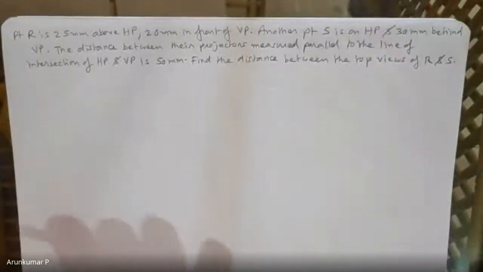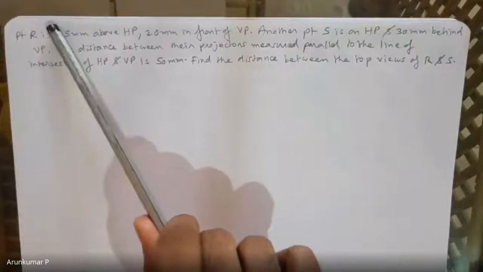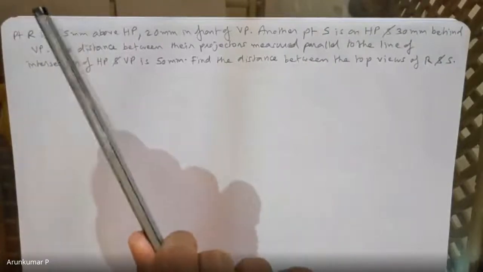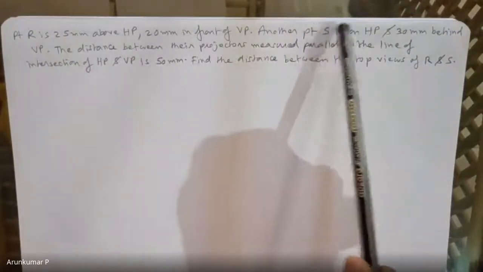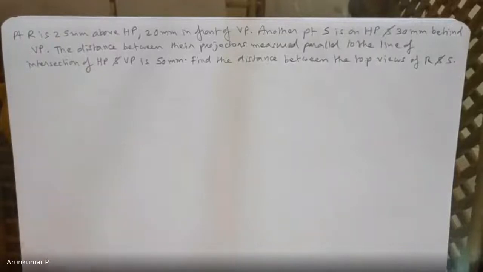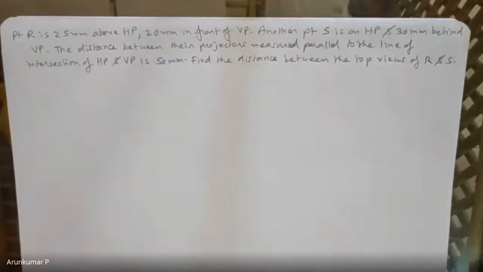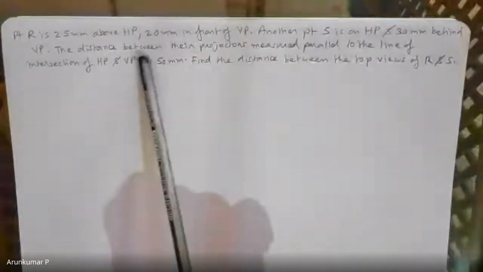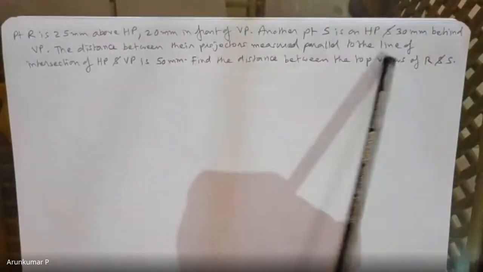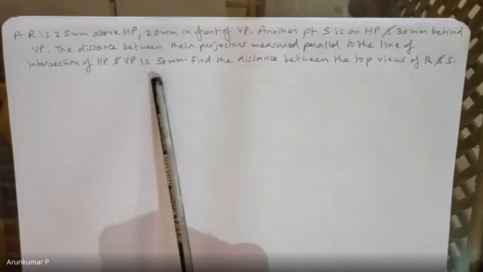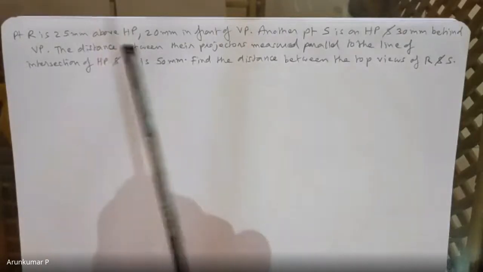So it is very clear that one point, R, is in the first quadrant, and the point S is in the second quadrant. They are not in the same quadrant. Next, the distance between their projectors measured parallel to the line of intersection of HP and VP is 50 mm. I'll show you what this distance is.